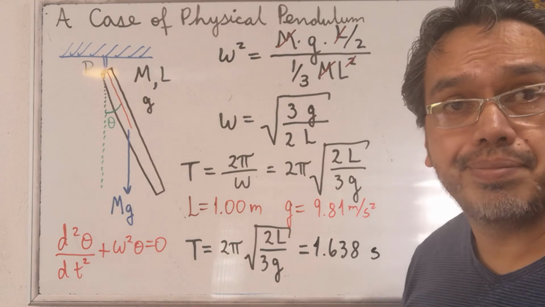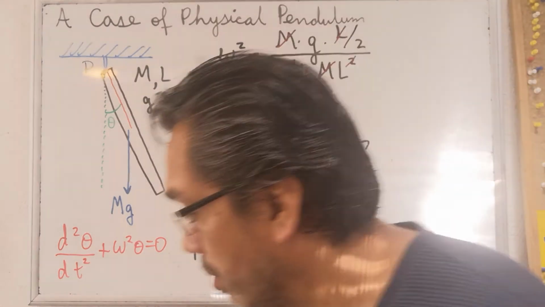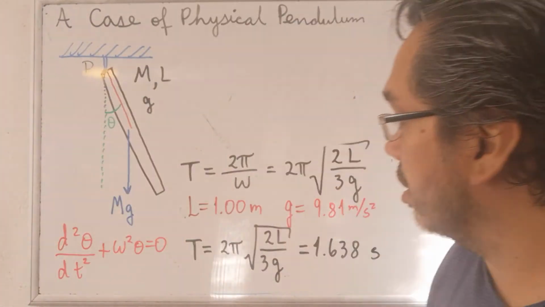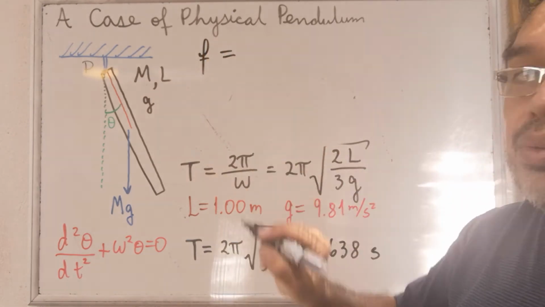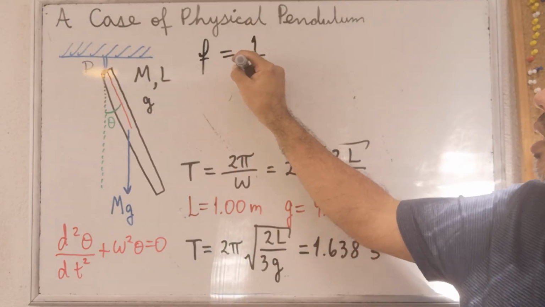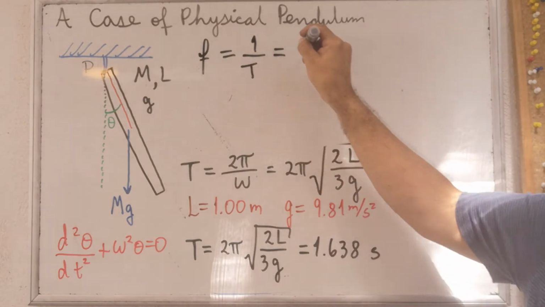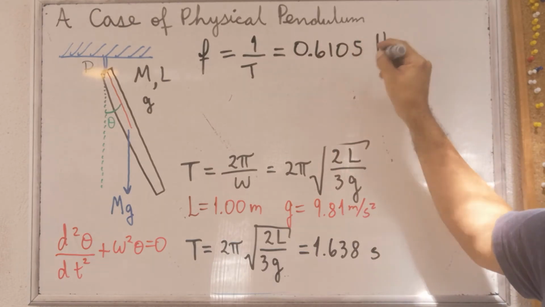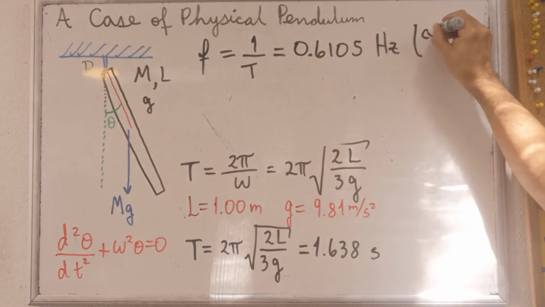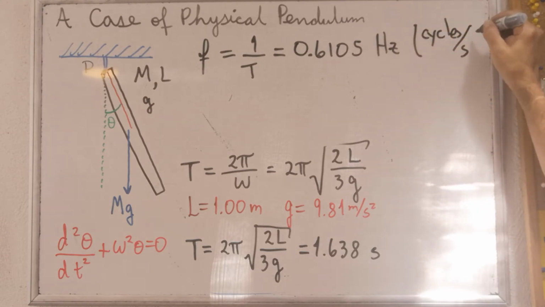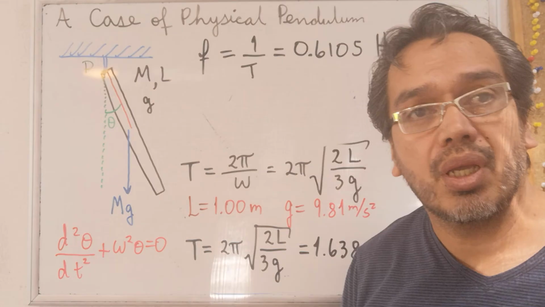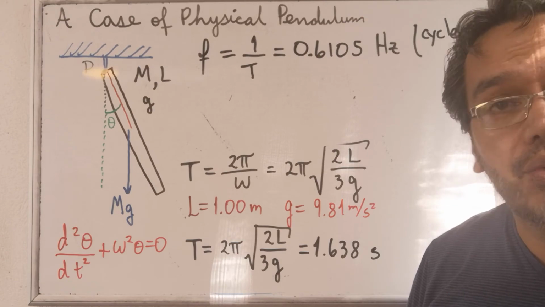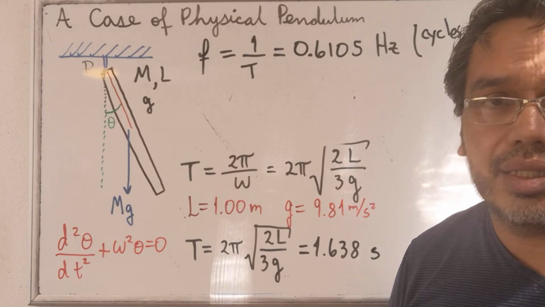Now, that's not very easy to check, but you can calculate the frequency, which is the exact reciprocal of the period. And so, because the frequency is the reciprocal of the period, your frequency turns out to be 0.6105 hertz, or more meaningfully, cycles per second. Now, that once again is not very easy to corroborate, but you can also take the number of cycles per minute, and that's a lot simpler.